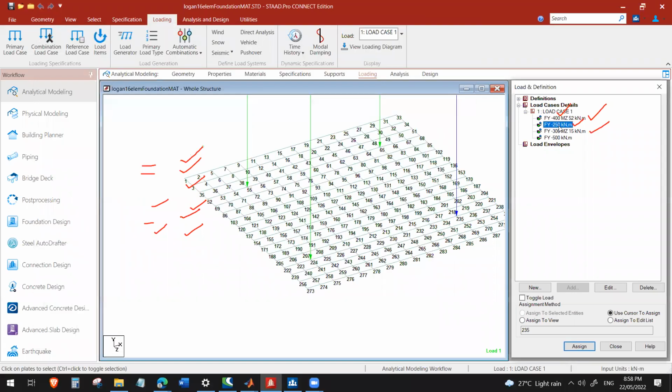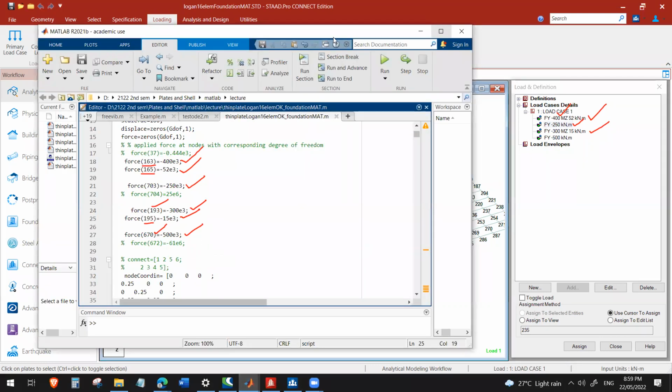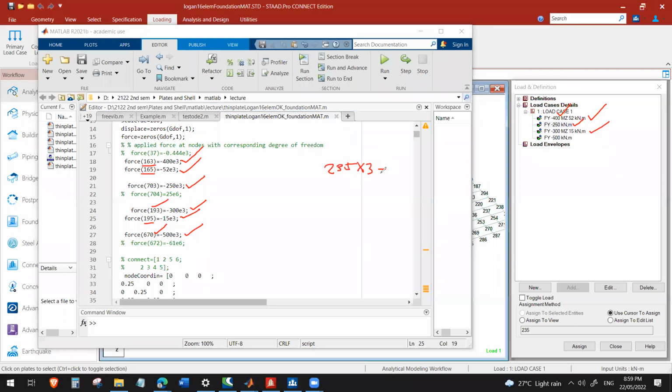So how do I check that? For example, this 250 kilonewton is applied at node 235. Remember that node 235 times 3 is 705.